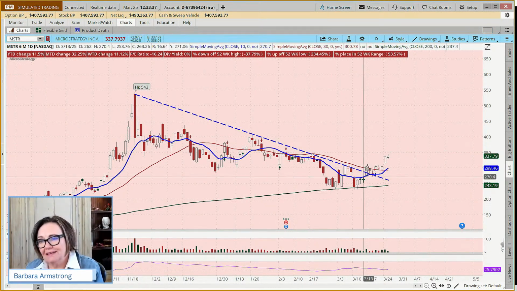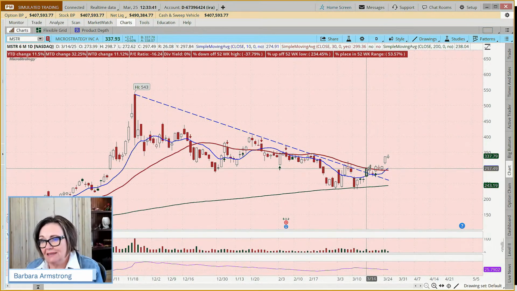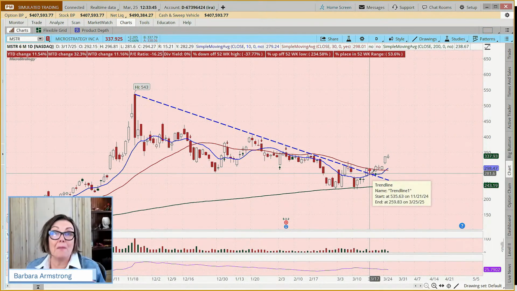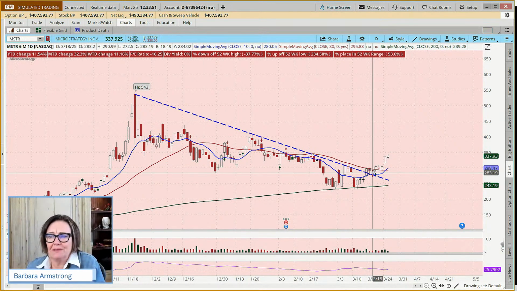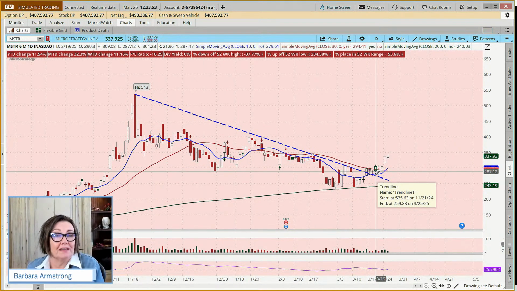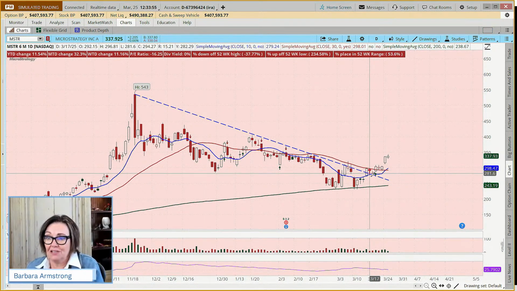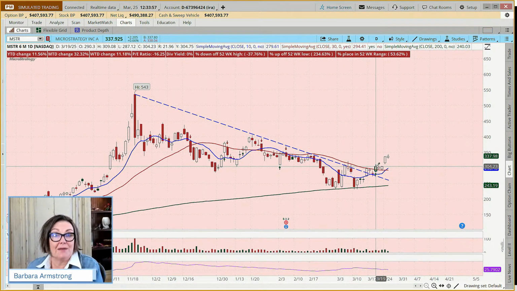But it looked like it was breaking out here on the 14th, and then it pulled back for a couple of days, business as usual, right? Don't go like, ooh, it's a fake out. No, this could be business as usual. It could also be a fake out, but business as usual, then it gaps to the upside.